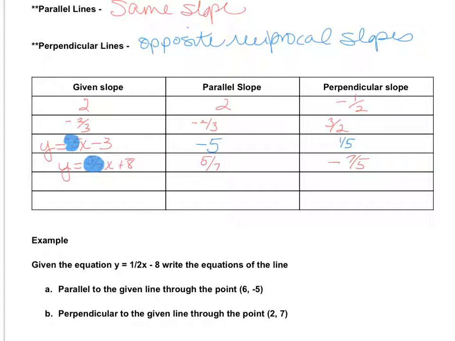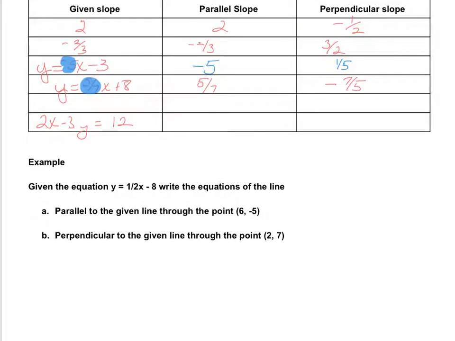All right, one last example. I'm going to write the equation, making it look a little different. So I'm going to do 2x minus 3y equals 12. So looking at this right now, I really can't tell you what the slope is because it's not in slope-intercept form, so I have to do a little bit of math here. I'm going to look to get that y value by itself here.